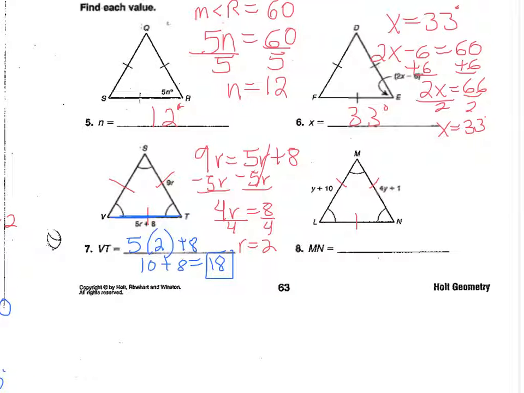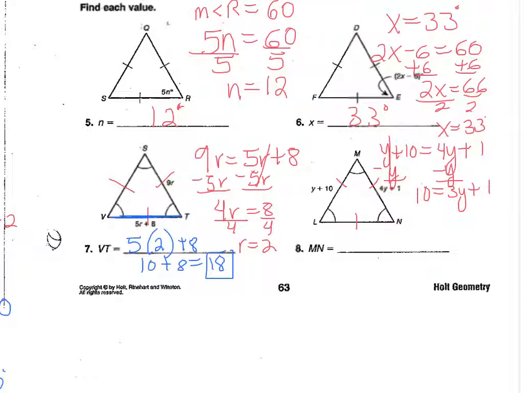y plus 10 is equal to 4y plus 1. That's it. y plus 10 equals 4y plus 1. And what did you move first, Matthew? The y. The 1y? And how much is 4y minus 1y? 3y.